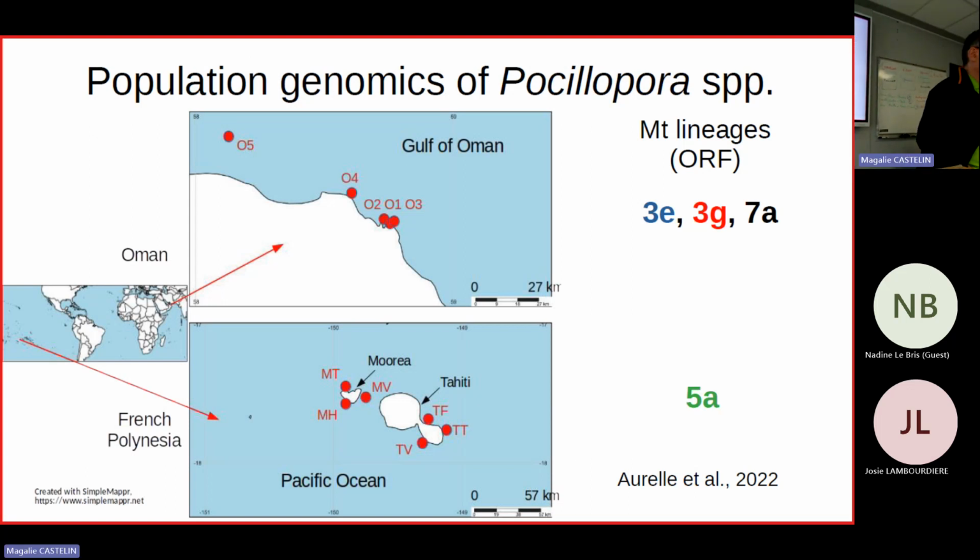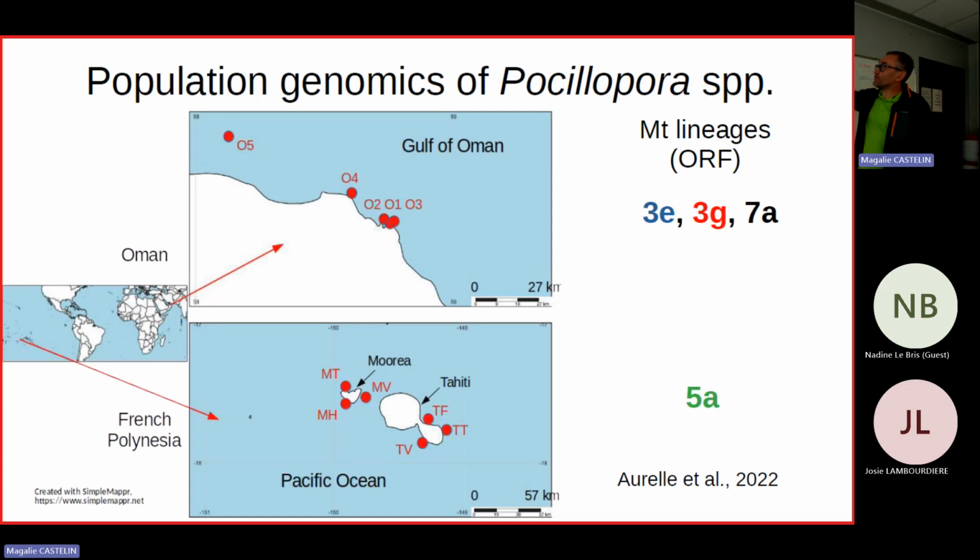In fact, these samples at the very first were not used to do population genetics. They were dedicated to the study of the adaptation to different thermal environments. But we had them, so we said, okay, can we analyze at the genomic level the differences among the two areas and among sampling sites?